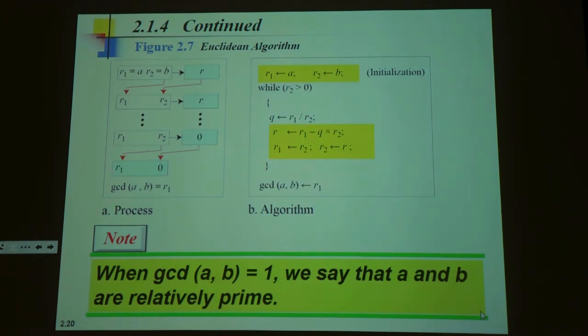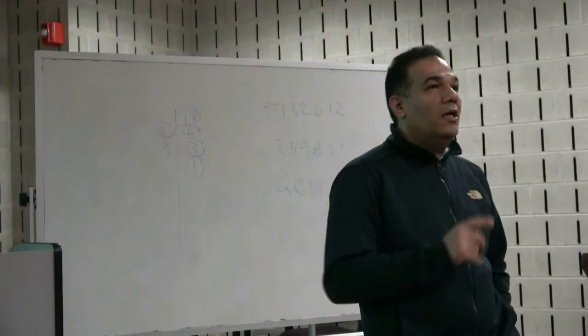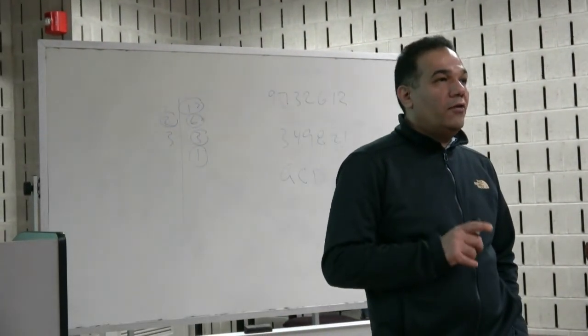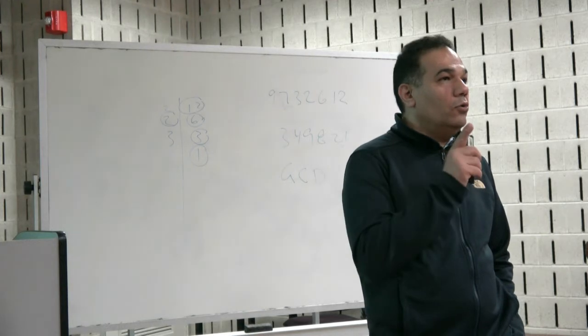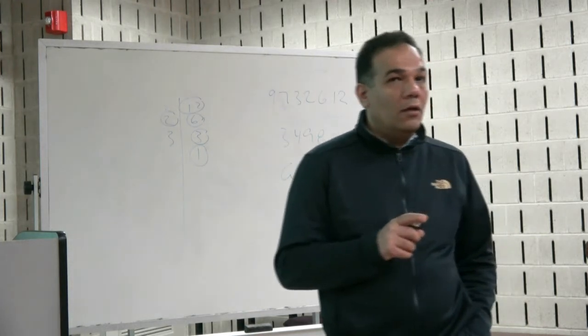So when the greatest common divisor of A and B equals 1, we say that A and B are relatively prime. There's another term: there's a prime number, and two numbers are relatively prime only under one condition, if the greatest common divisor equals 1.